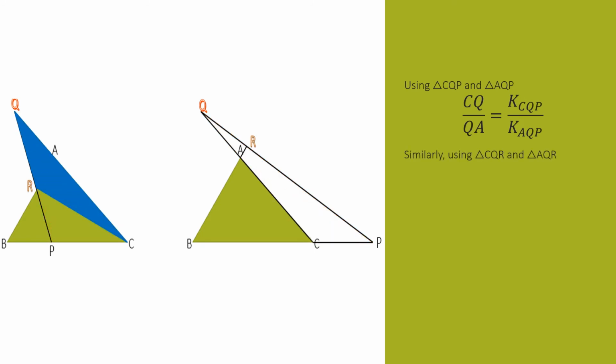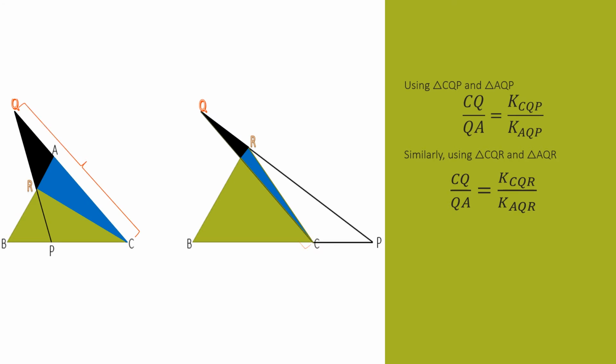Similarly, using triangle CQR and triangle AQR, CQ over QA is equal to the area of CQR over area of AQR. Therefore, this equation holds.